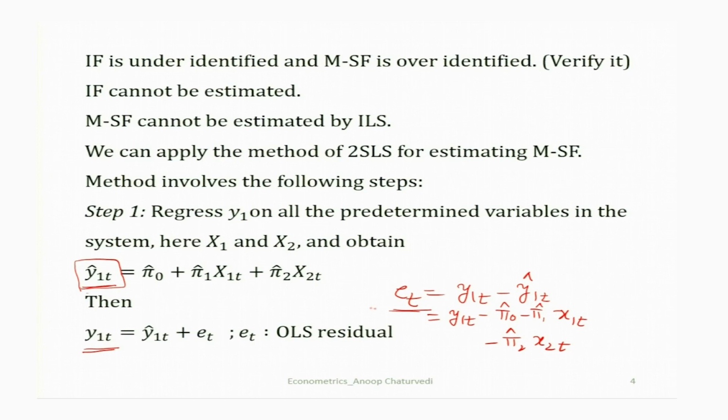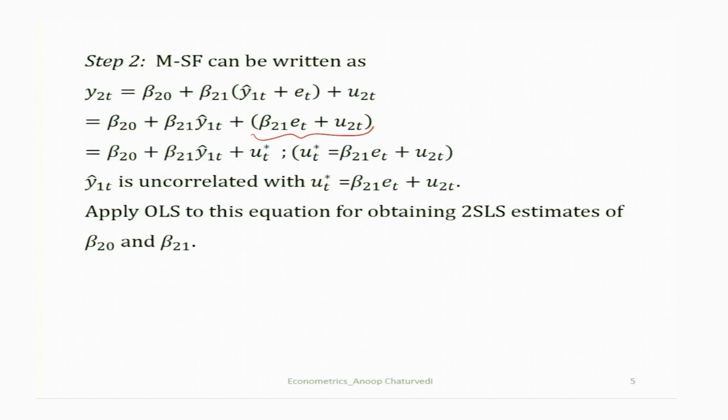This predicted value is uncorrelated with the OLS residual E t. Then this is also uncorrelated with u 2 t. It does not involve u 2 t. So, it is uncorrelated with u 2 t. So, in fact, y 1 t hat is uncorrelated with this combined disturbance term beta 2 1 E t plus u 2 t.